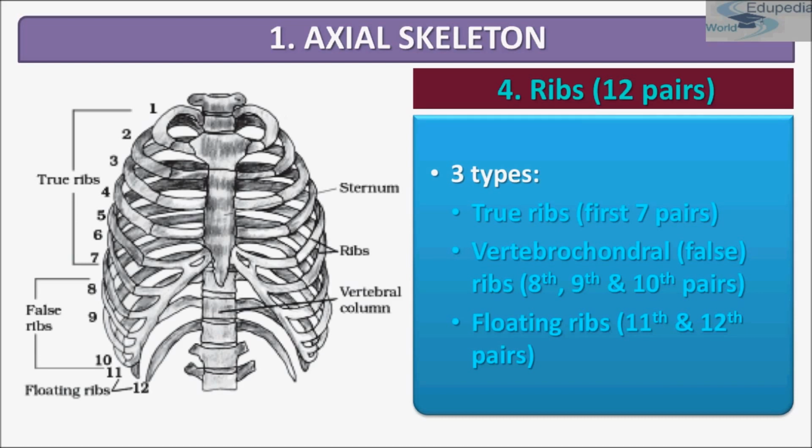And the ribs are of three types: true ribs, which are present in pairs; vertebrochondral, the second type, which we call false ribs, and they are the 8th, 9th, and 10th. And the 11th and 12th are your floating ribs.